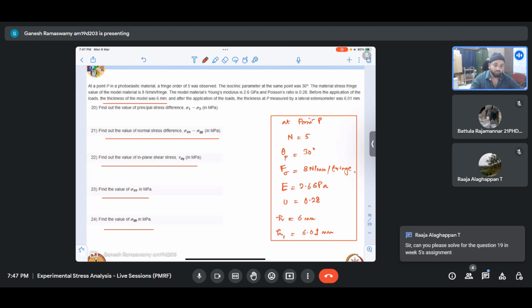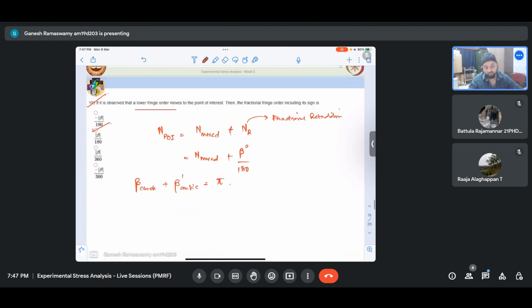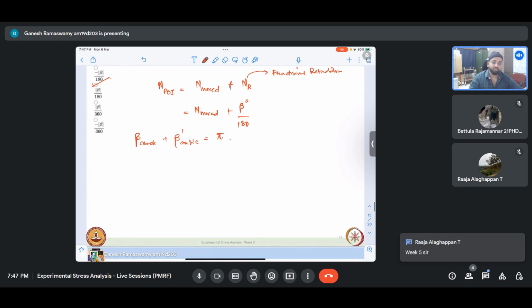Can you please solve for question number 19? This is 19, right? Oh, you mean a current assignment? No, actually, current assignments we are not supposed to solve, which is why we took previous year questions and we are solving.